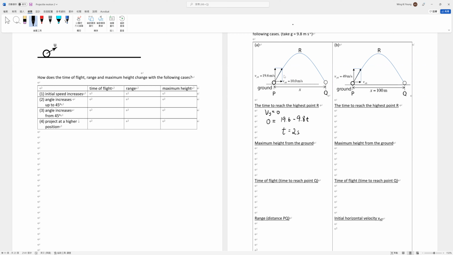Okay. The maximum height from the ground, then you use ut minus half g t squared. This is u, t, then minus half g t squared. It should be 19.6 meters.